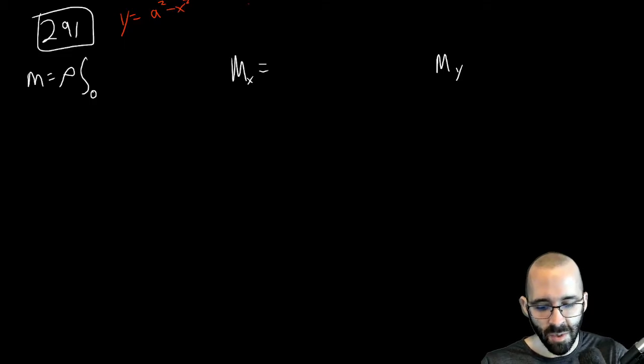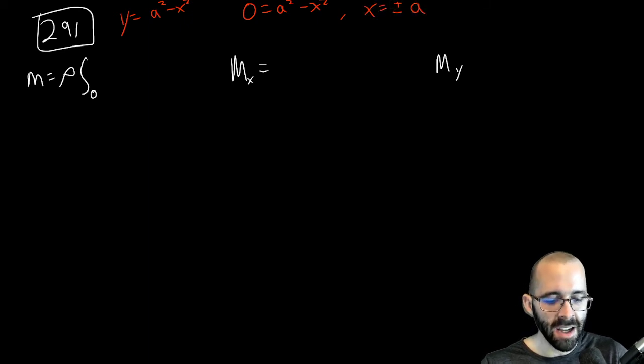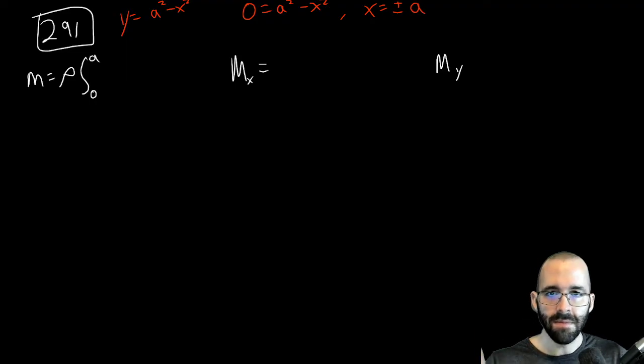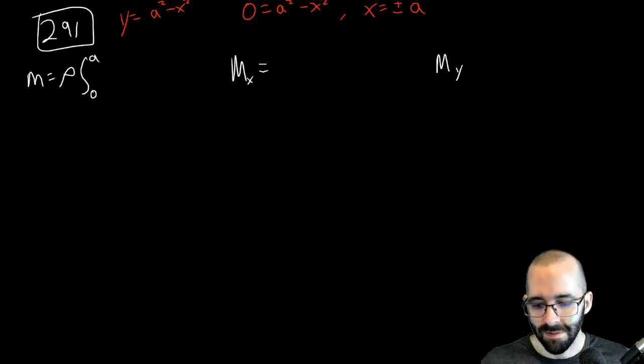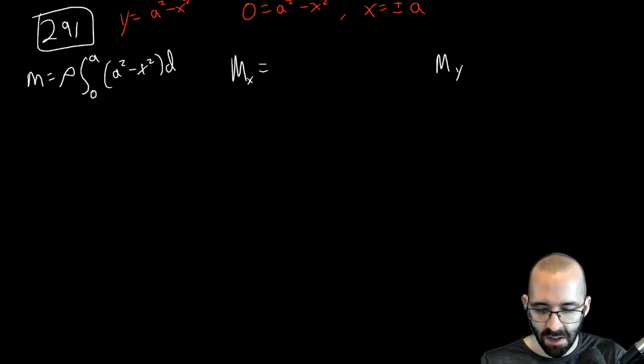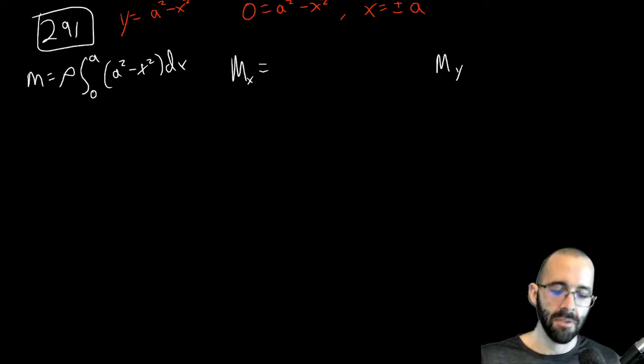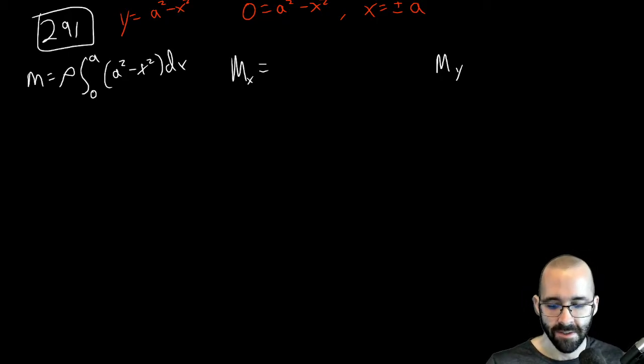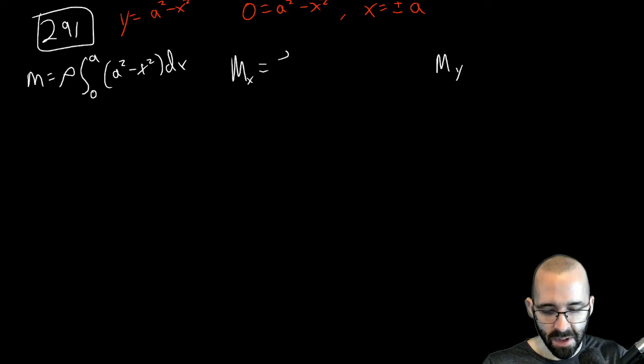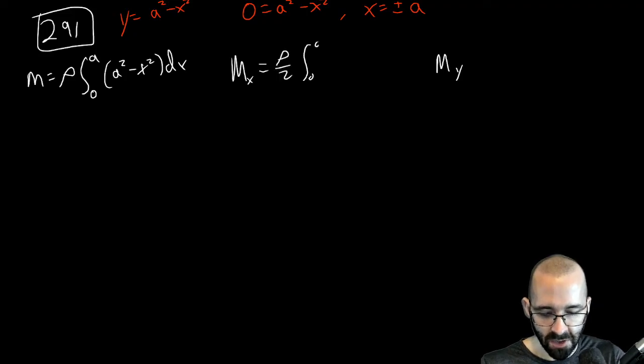The x-intercept is when y equals 0. Oh, that's nice. x is plus or minus a. So we'll just be going up to a. And this function is a squared minus x squared. This is just the area under the curve from 0 to a. That's the mass. First moment, that's going to be rho over 2, integral from 0 to a of the function squared.